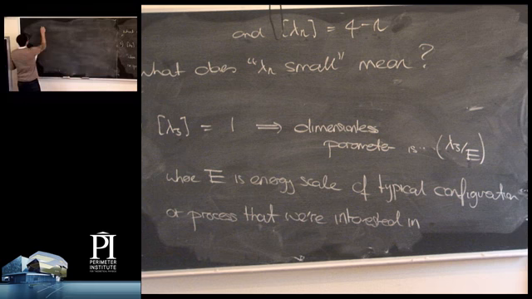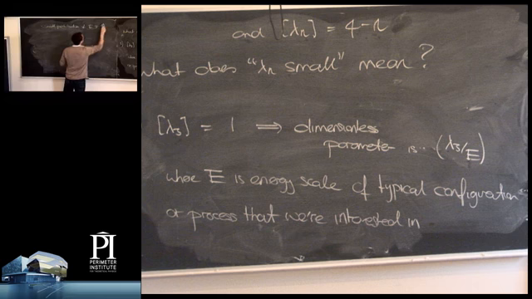Okay, so what does this mean? It means that we have a small perturbation. We're thinking about processes of very high energy, where high is compared to lambda 3, and it's a large perturbation.